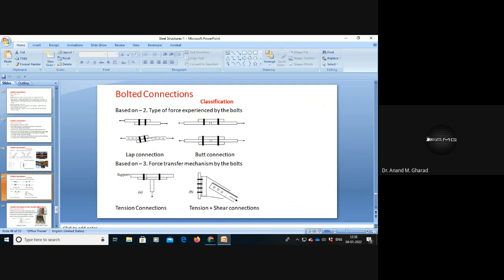And we have also discussed this condition or connection wherein tension is applied and the bolts by which the connection is done are subjected to tension force. And similarly, this is the most common whenever we provide bracings or diagonal members. In those members, we will expect such kind of tension plus shear type of connections. So this is very frequent.